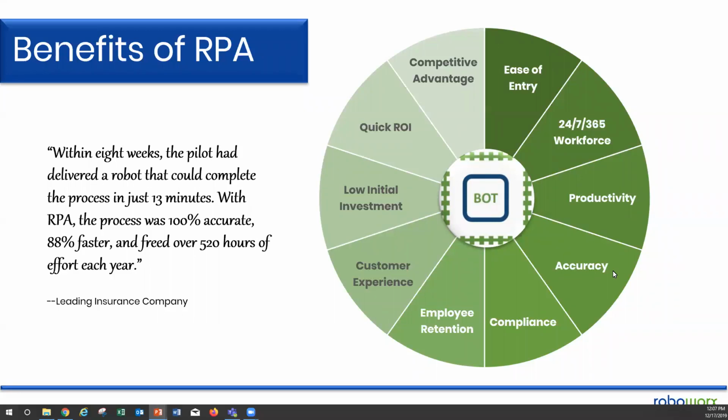We all know that humans make errors. There's going to be human error when a person is processing a task. But a robot is just going to follow the instructions, and therefore you're going to have accurate outputs. Compliance is another benefit of the software robots because the robots will leave a trail behind when they complete a task.